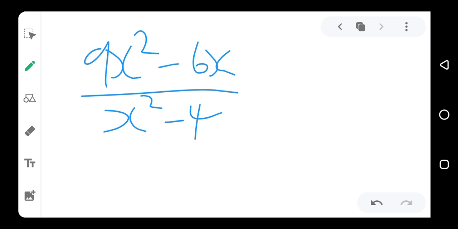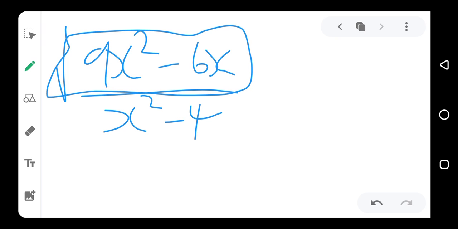We are asked to find the value of x for which this fraction is undefined. Just seeing that the fraction is undefined, we are going to act like the numerator is not existing. We are going to forget the numerator entirely and focus our attention on the denominator, which is this one. So we equate the denominator to 0.